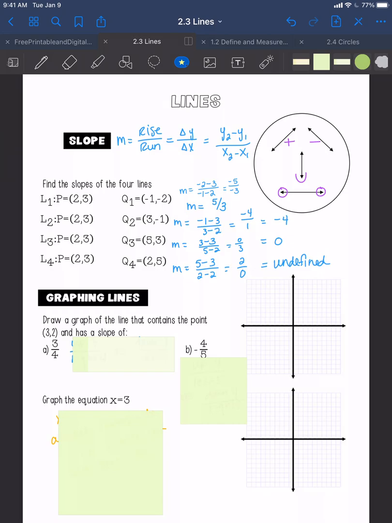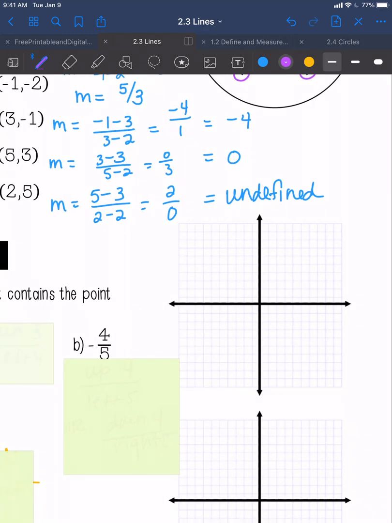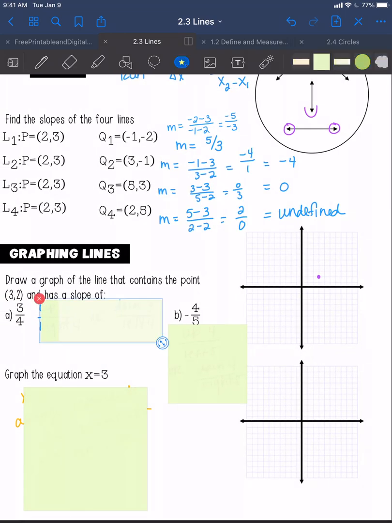Alright, so when graphing lines, we're going to draw a graph of the line that contains the point 3, 2 and has these 2 different slopes. So when you're given a point, use that point. So go ahead and plot the point 3, 2. And then from that point, we're going to use the slope of 3/4. And if we're rise over run, since it's positive, we're going to go from that point up 3, right 4.